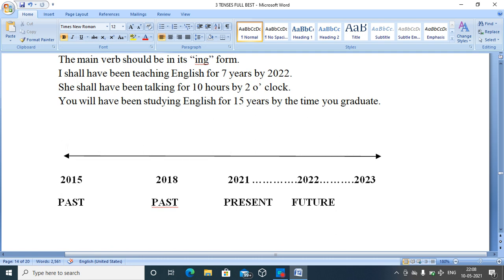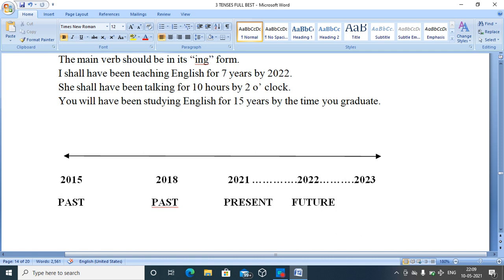All such actions are of a continuing nature. If you take the moment of my speaking to be 2021, the present, then 2022, 2023, any future definite point, you can opt to make that clear. Because that action started in 2015, it's going on and going on, it doesn't come to an end in 2021.